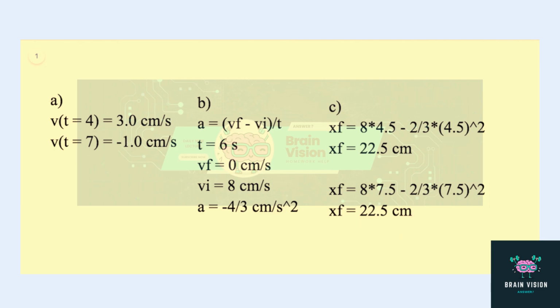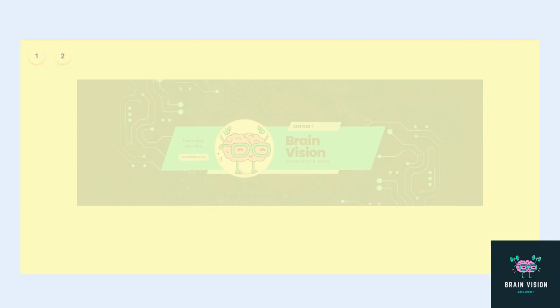Okay, now for the last part of this, part D, we want to sketch graphs of the acceleration and position as functions of time. So the acceleration is easy. Whoops, I cannot draw straight lines. There we go, that's better. So the acceleration is just going to be a straight line since it's constant.